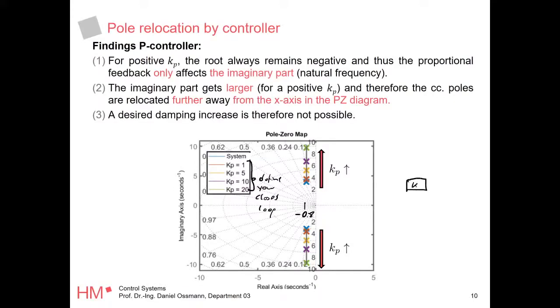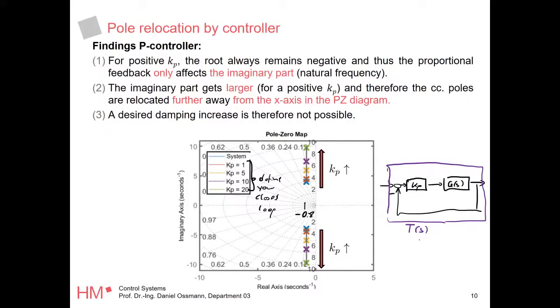You set in Kp and you have different values for that. And for any Kp, you get a new pole location of the closed loop, of this T of S. This is T of S, your closed loop transfer function, and these orange ones are the poles of T of S for a Kp of 1.